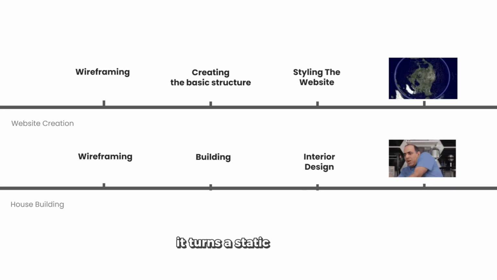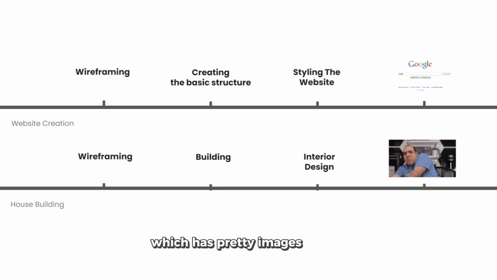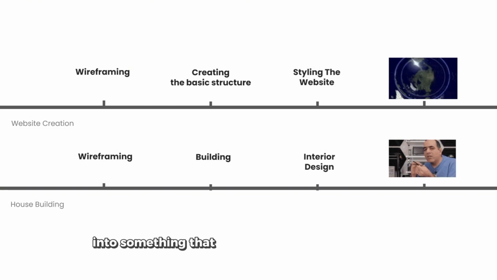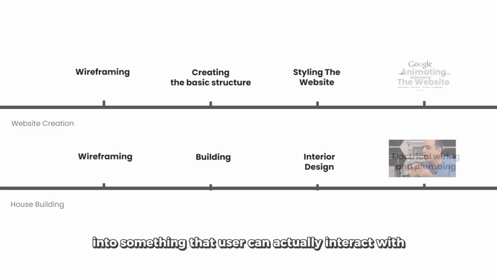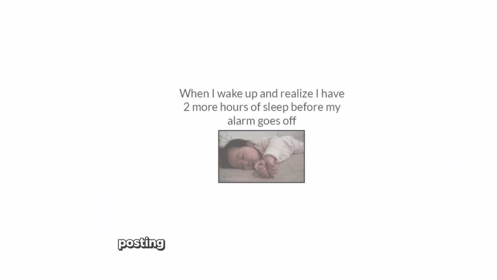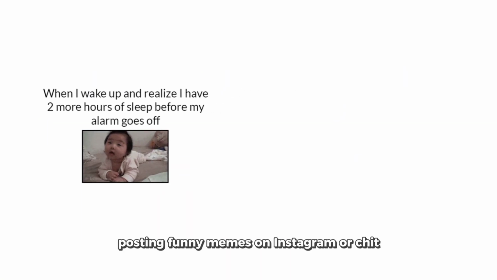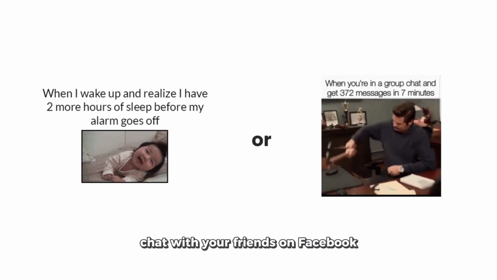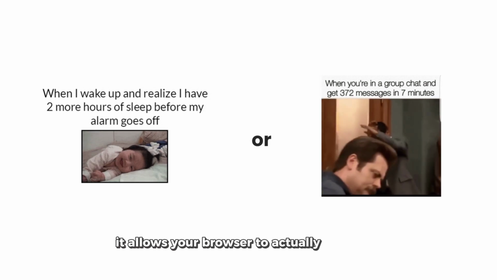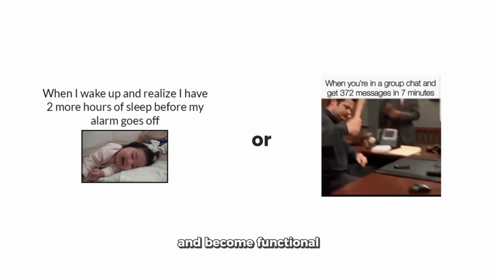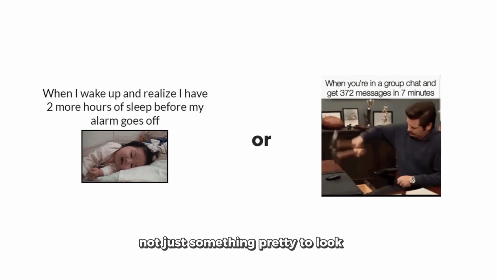It turns a static website, which has pretty images or text, into something that a user can actually interact with. For example, posting funny memes on Instagram or chit-chat with your friends on Facebook. It allows your browser to actually do things and become functional, not just something pretty to look at.